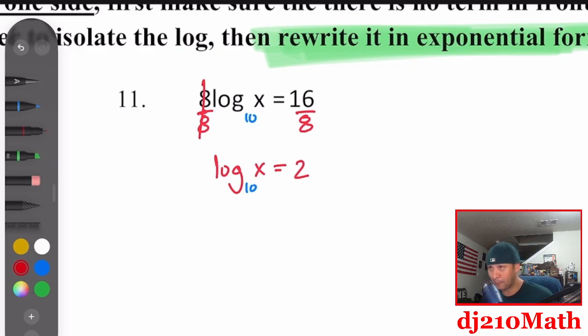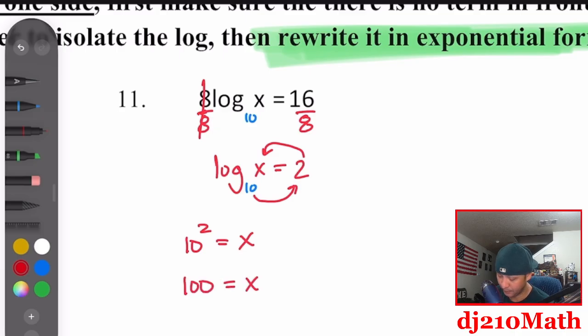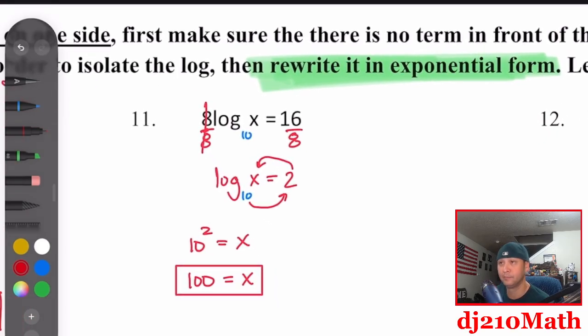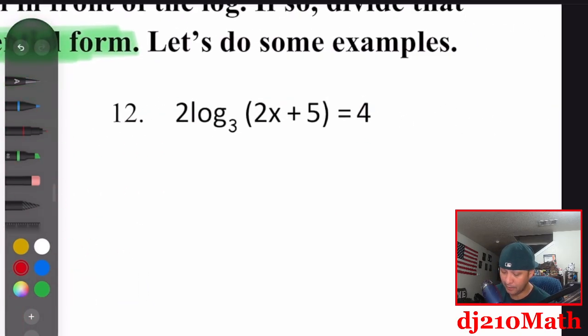So that's one of our properties, is recognizing when we're in log base 10. It's when there's no number. So since the log is isolated, 10 raised to the 2 power equals x. Oh, that's nice because 10 squared is just 100. So x is equal to 100. Let's keep it moving.